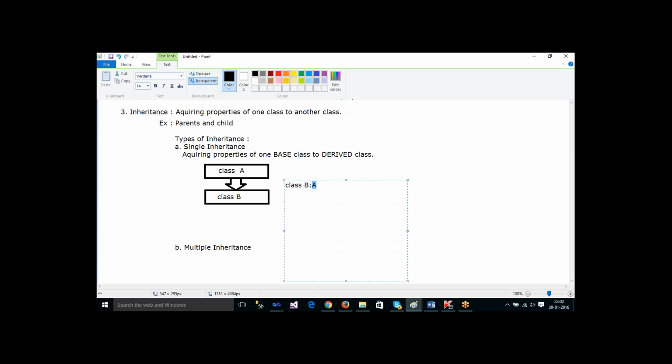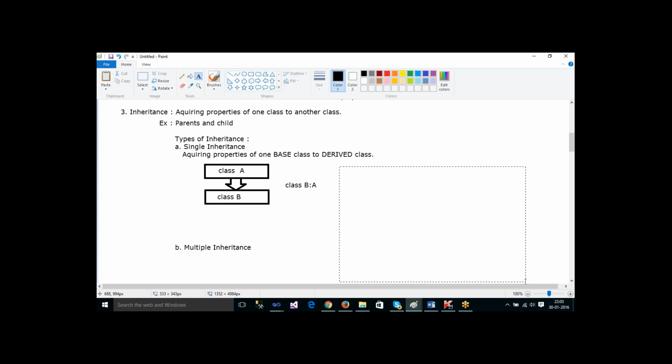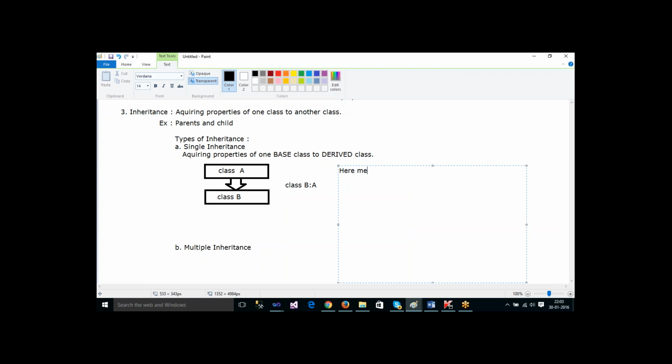Members of class A can be inherited in class B. Members of class A can be accessed in class B, but it depends upon access specifiers. Clear? Now let's see the example.